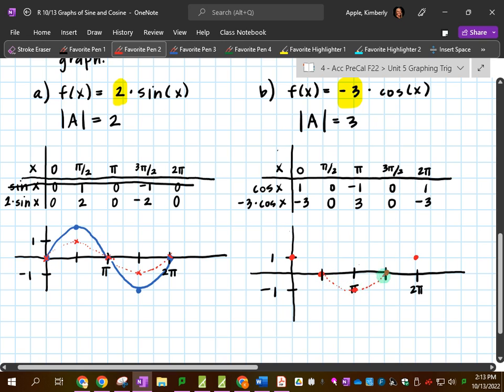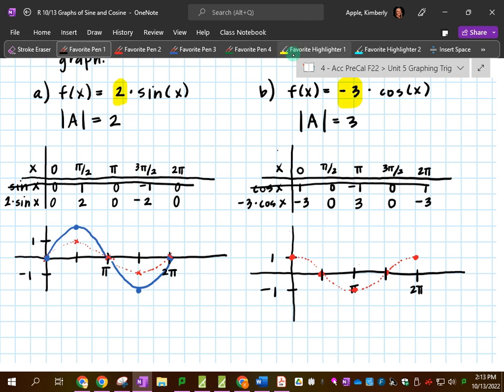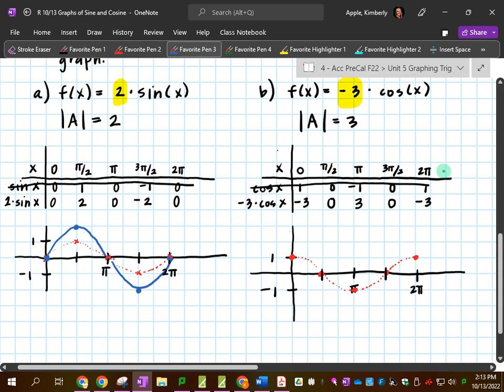And then just showing you what the original cosine graph looks like. And now we don't need these because that's the original function. We want the transformed function. And then I'm just going to plot x's and y's, right? These are basically the x's, and these are basically the new y's.